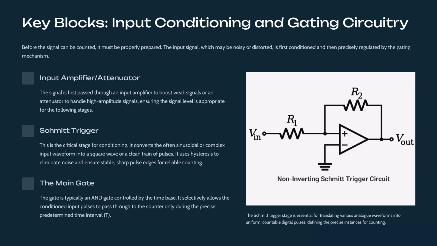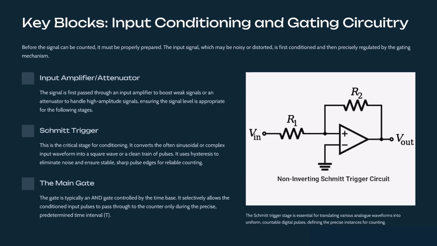First, the input amplifier. The signal is first passed through an input amplifier to boost weak signals, or an attenuator to handle high amplitude signals, ensuring the signal level is appropriate for the following stages. Then the Schmitt trigger. This is the critical stage for conditioning.